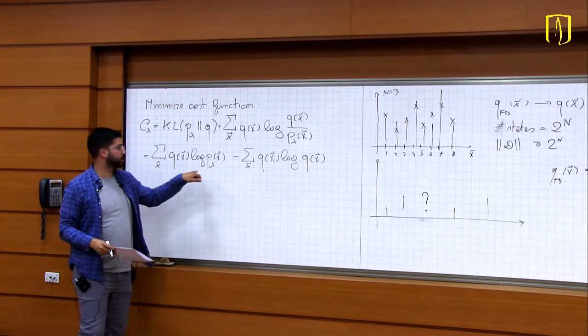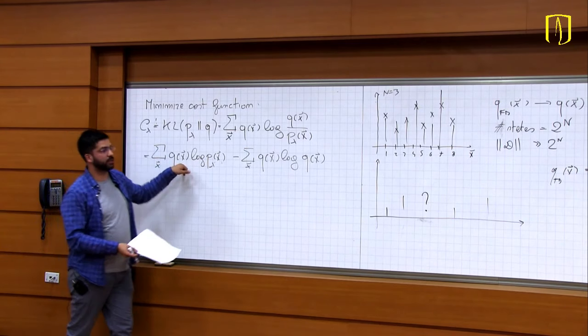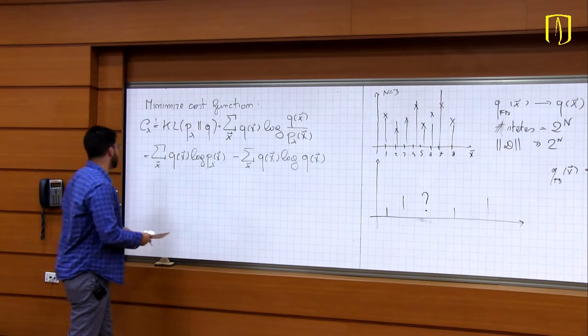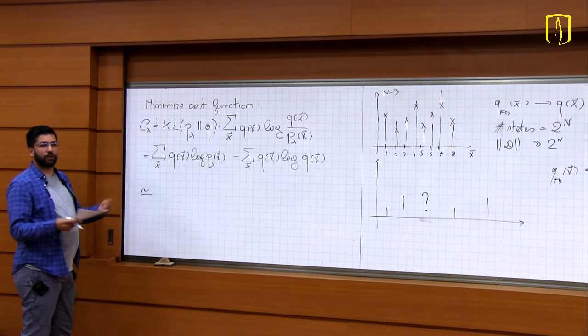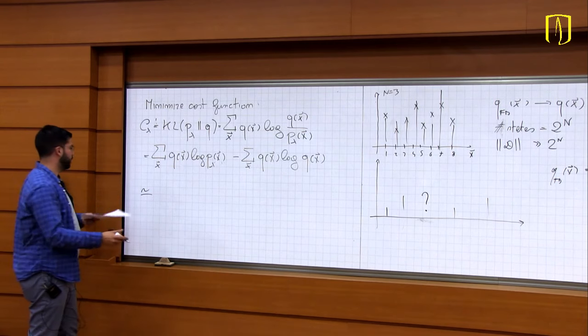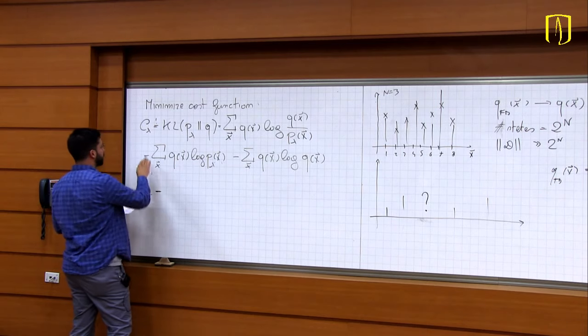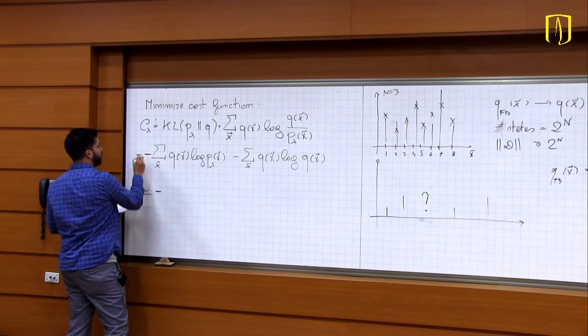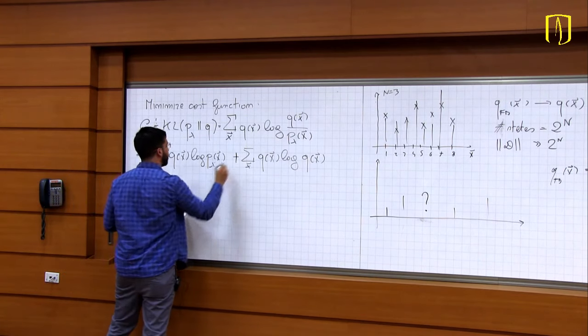So we don't know this Q of X. That's what we are trying to learn. But what we know is that we have the data set. So we can approximate this expression with our frequency distribution, that's what we have in our data set. So, sorry, this is a minus sign.